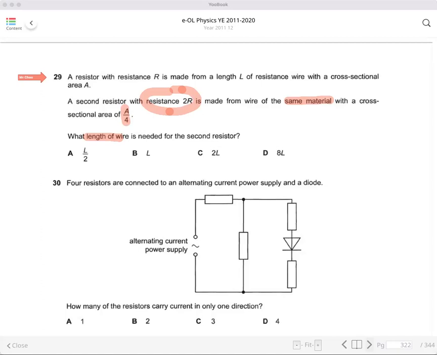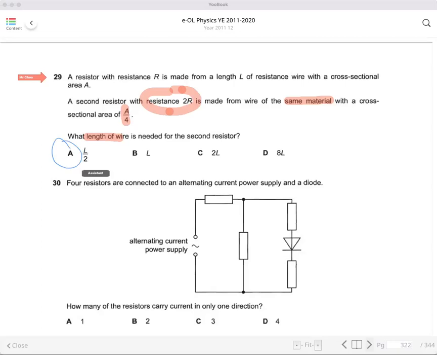Okay Ryan, do you need help for this? Bei Kwan, well done. The rest of you can do number 30. Hello Ryan, I'm asking you a question. Do you need help for question 29?